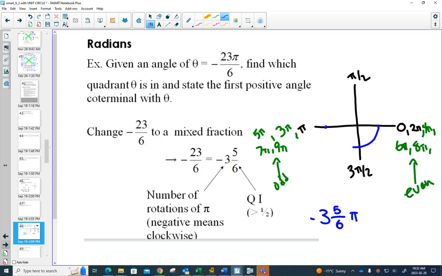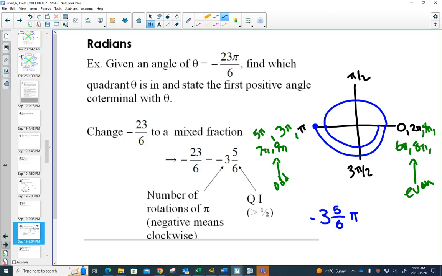This would be negative 1 pi. All the way around would be negative 2 pi. The fact that I have an odd number, negative 3 and 5/6, the fact that the whole number is 3, is an odd number, that tells me right away I'm on my negative x-axis. That's what the negative 3 tells me.